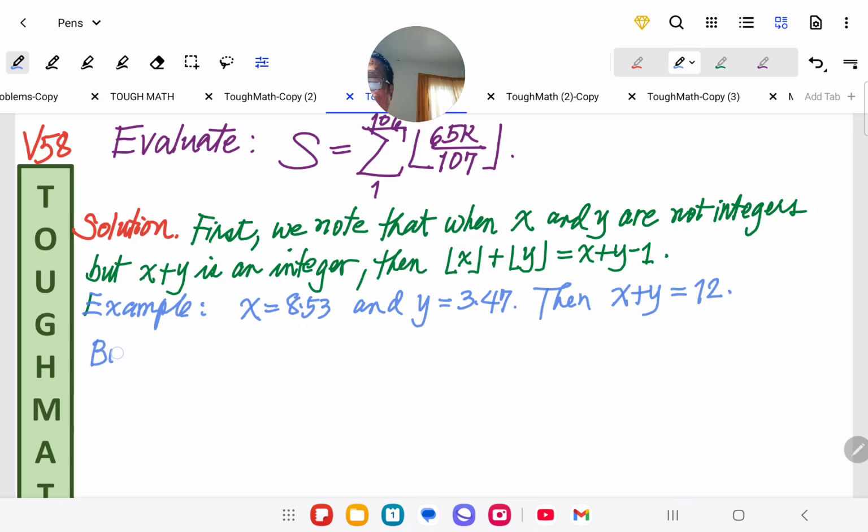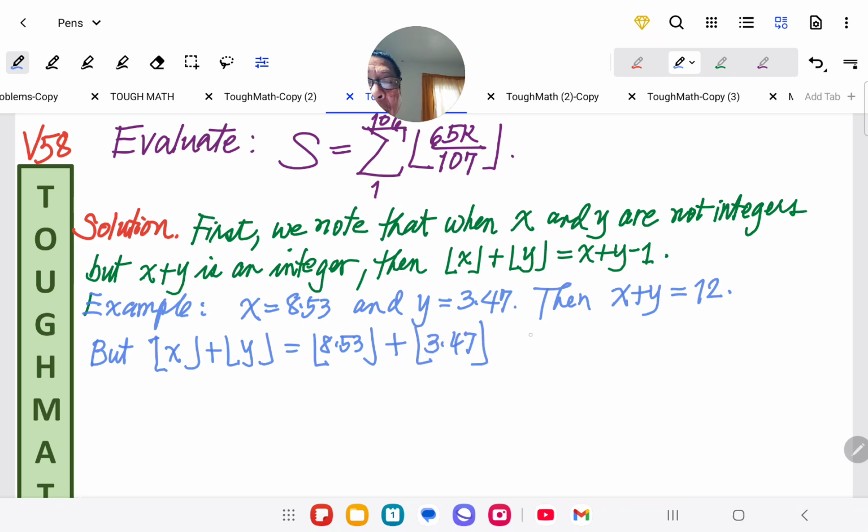But the greatest integer value of x plus the greatest integer value of y equals the greatest integer value of 8.53 plus the greatest integer value of 3.47 equals 8 plus 3, which is equal to 11, which we can write as 12 minus 1. So that's it.